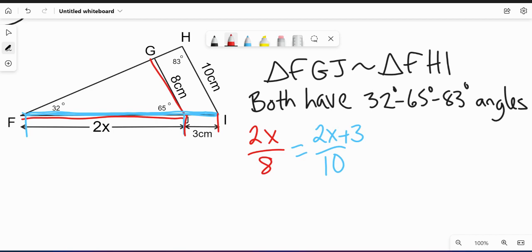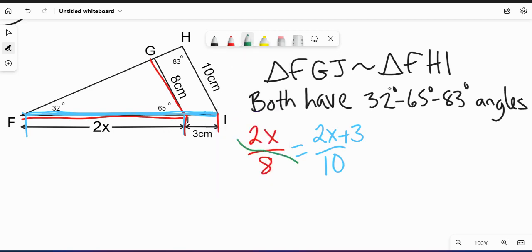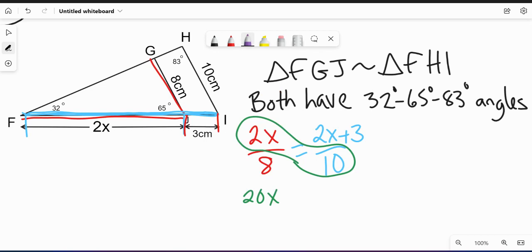All right, now we get to our equation where we solve it. 2x times 10 is 20x. 8 times 2x plus 3. So 8 times 2x is 16x, and then 8 times 3 is 24.